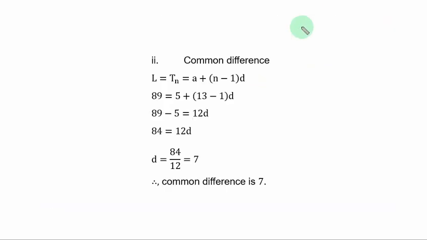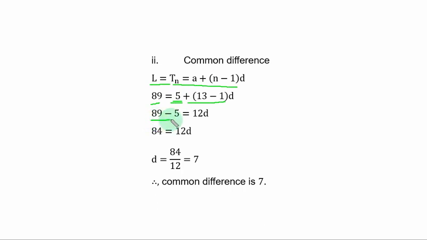Roman figure 2, for the common difference, you can use the last term formula. The last term is also the same as the nth term. You have it in this form. The last term 89 is equal to first term 5 plus bracket open number of terms 13 minus 1 bracket close times common difference. Transfer 5 to the left hand side.